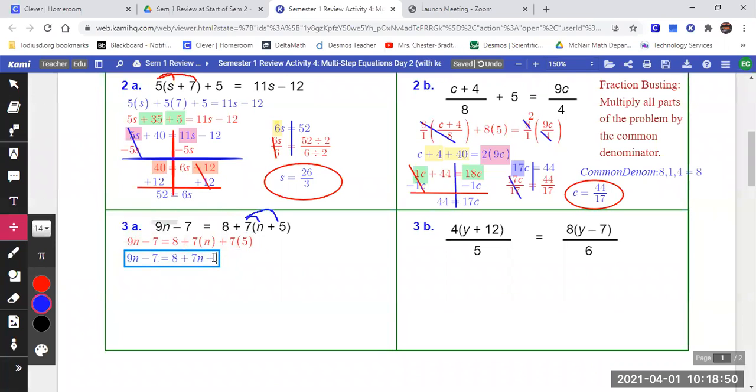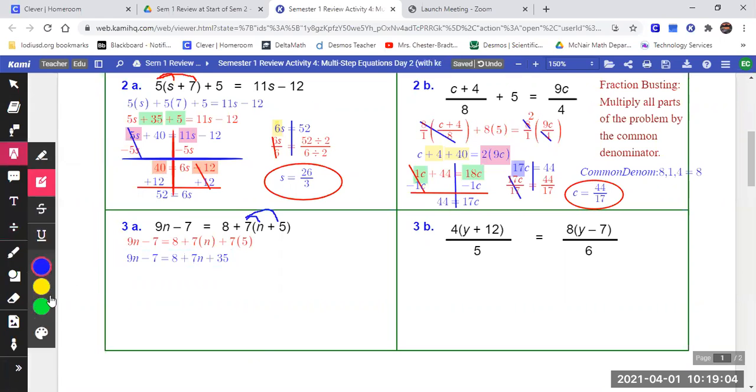Okay, so we handled our distribution. Yay. Now we have to look. Are both sides as simple as they can get? No. Which side is not as simple as it can get? The right side. I see the right side has an 8 and a positive 35.